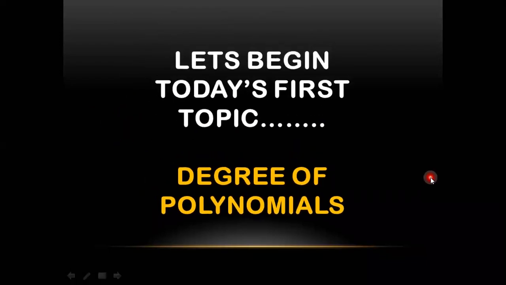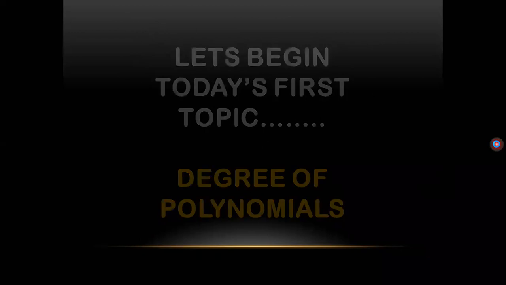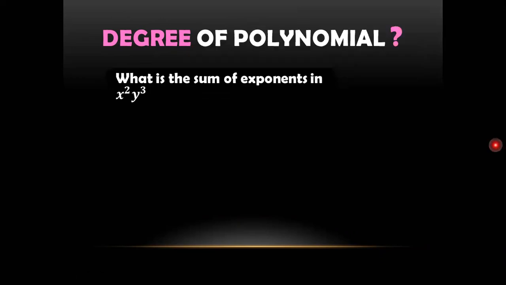And then let's start our today's topic, which is about the degree of the polynomials. It's a very, very important concept. In order to explain the degree of the polynomials, I will show you an example.